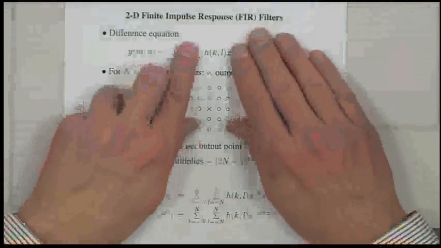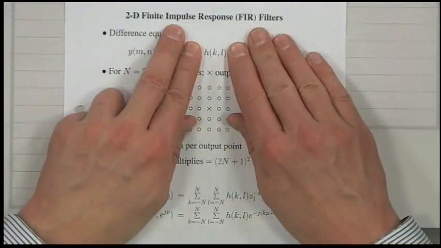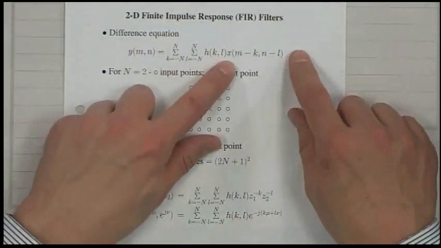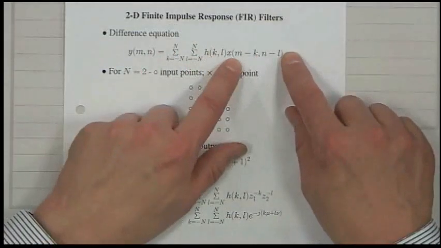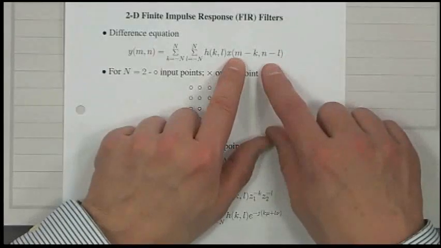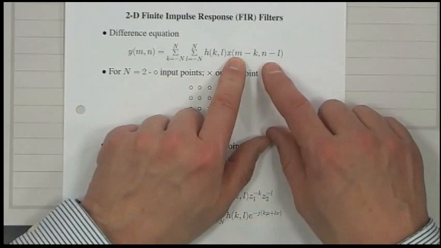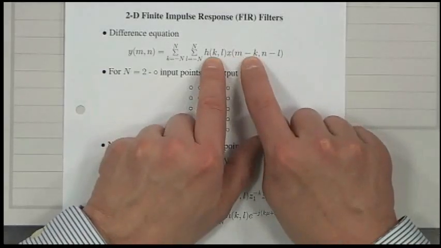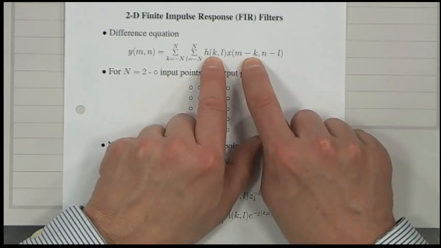So if the point spread function is h of k, l, then the output will be the convolution of the point spread function with the image. Convolution, as I'm sure you know, requires that you do this flip and shift thing, because of the minus signs here. So you're summing over the k index, and you have minus k here.